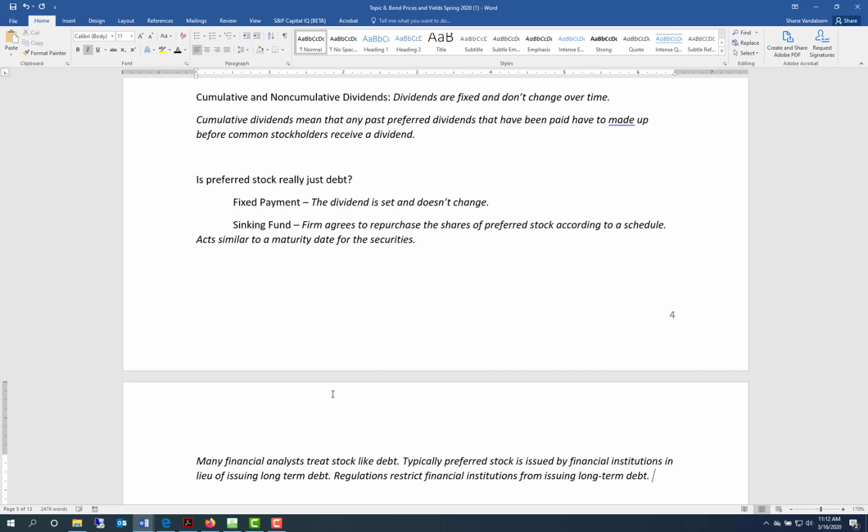And this has to do with a bank's capital ratio, where they're required to keep so much equity relative to the debts of the firm.